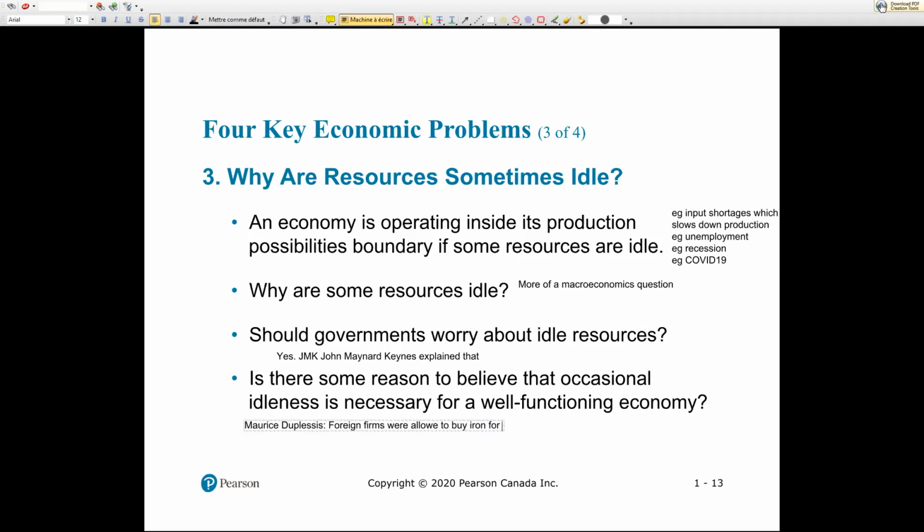Does somebody know the price? 1 cent per ton. That was so cheap, but it's because there was no investment at the time. So he said, okay, what do we do to develop our mining industry? We have to make it profitable for foreign firms to come. Yeah, he was criticized for that, but at the same time, that developed the economy.